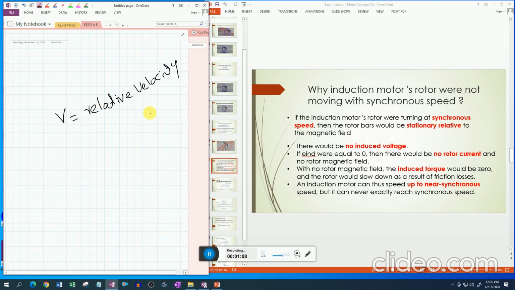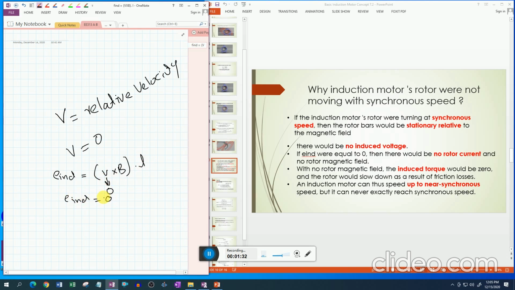When the rotor bar moves with the magnetic field speed, this relative velocity becomes 0. When the relative velocity becomes 0, E induced, which is V cross B dot L, becomes 0. Then E induced is 0.